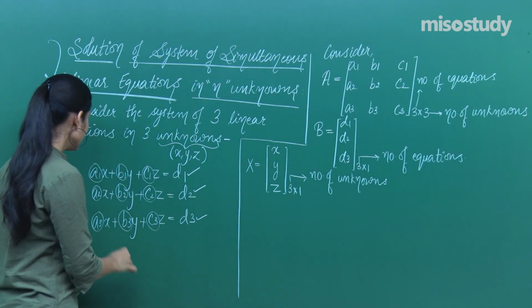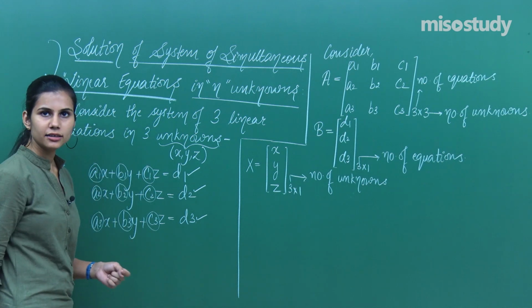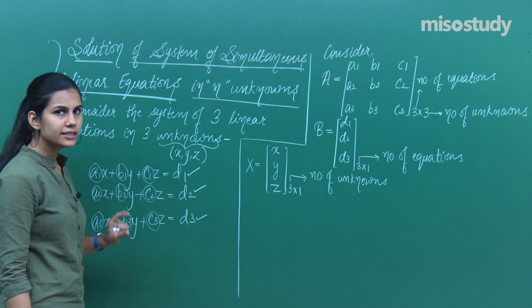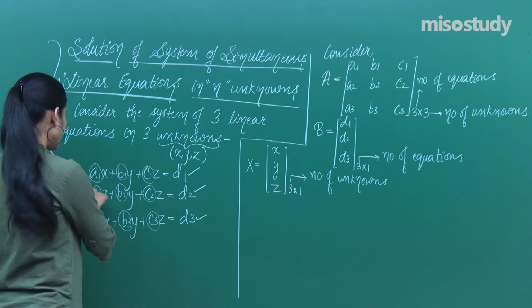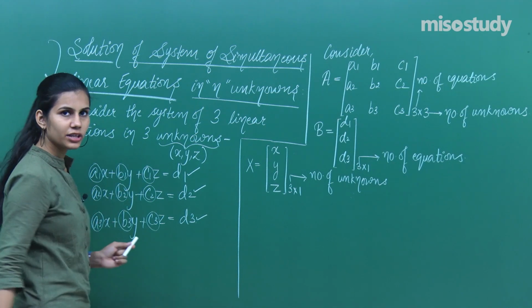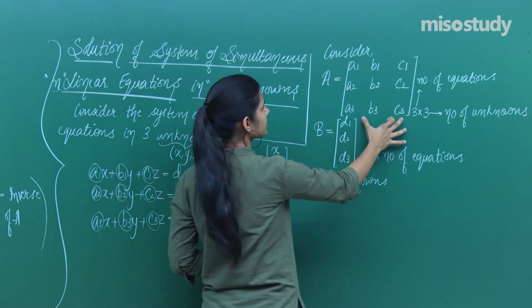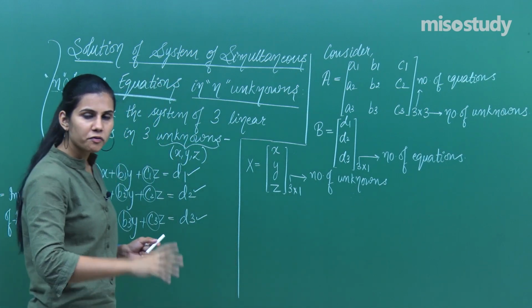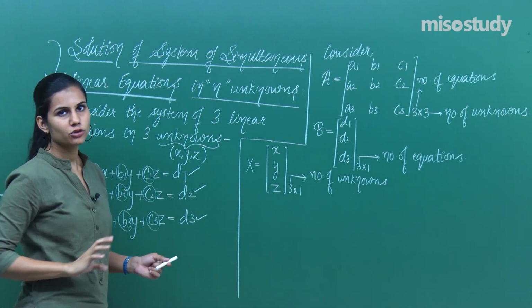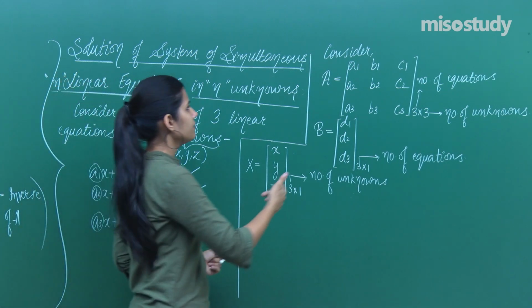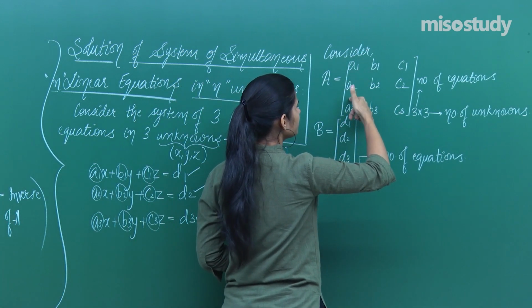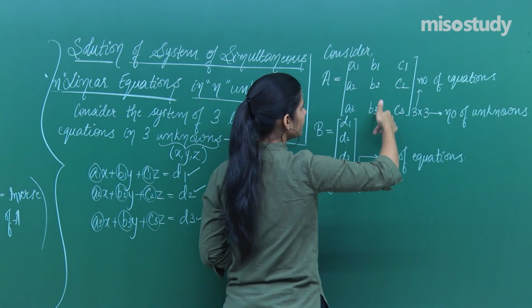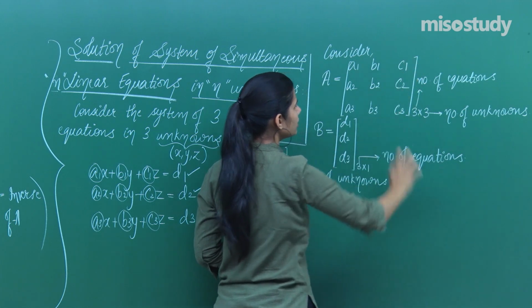So you can see, with the help of this entire data, I have just segregated this data in 3 fashions. I have collected the coefficients of x, y and z from the 3 equations, and I have created this matrix A. The first column is the coefficient of x from all the 3 equations, the second column is the coefficient of y, the third column is the coefficient of z.